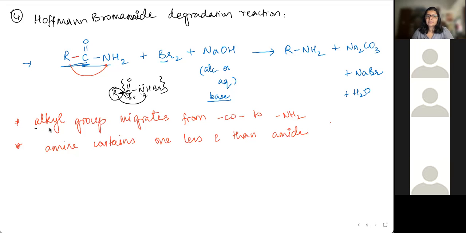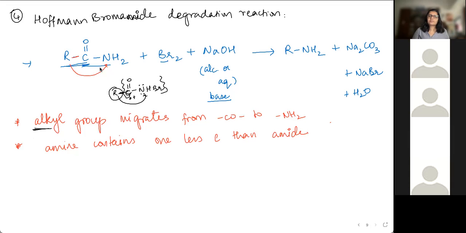So that's the main thing. By introducing bromine into the mixture, you make this whole part very unstable, so the group ends up migrating over here, and then C double bond O is let go of.